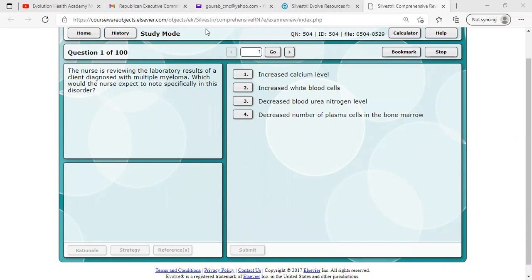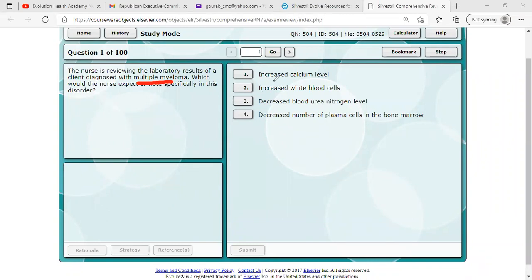So, our patient is diagnosed with multiple myeloma, right? Out of the 4 options, which one is the answer? Multiple myeloma is a disease of plasma cells that attacks our bones particularly.